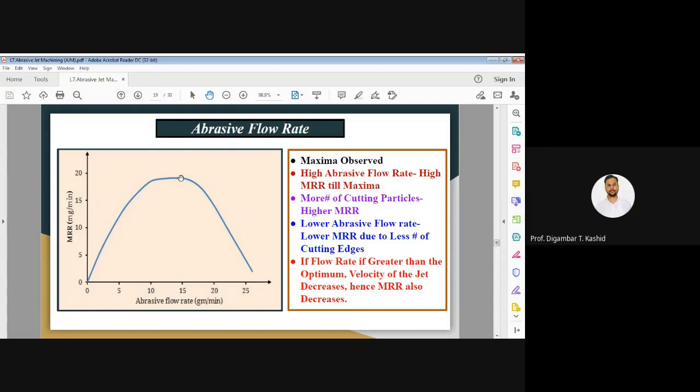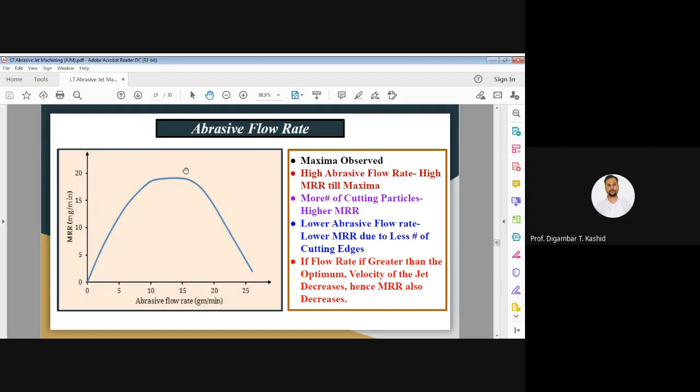Now the question is, what are the reasons for this? Once there is an increase in flow rate, you will get a higher material removal rate till the maxima, that is this optimal value that you obtain over here. If you keep increasing the flow rate, the number of abrasive particles that cut the material keeps on increasing, and as a result you can see material removal rate is increasing up to this maximum.